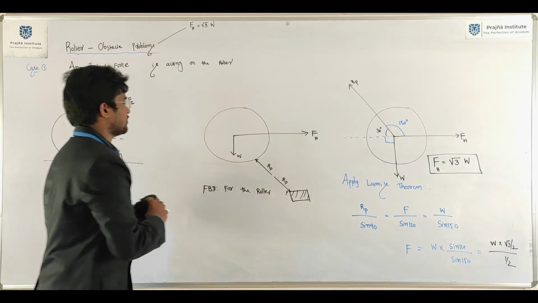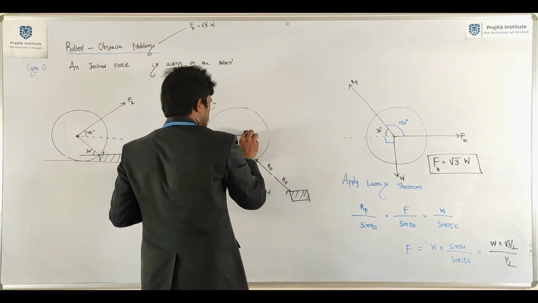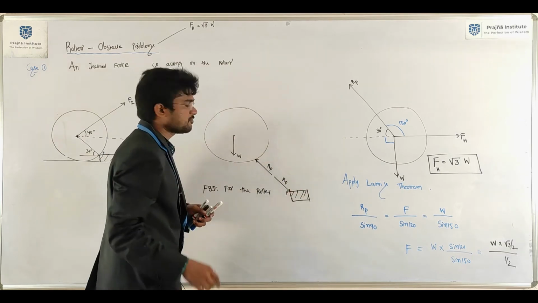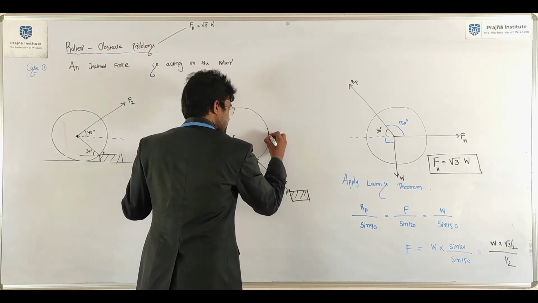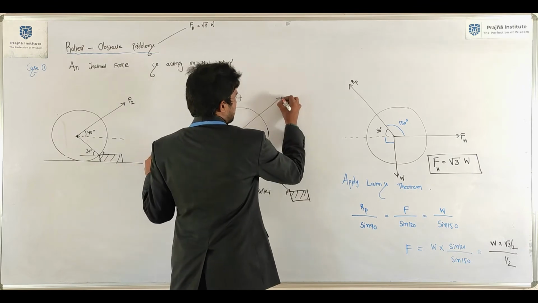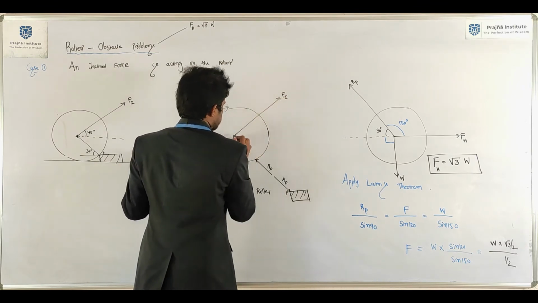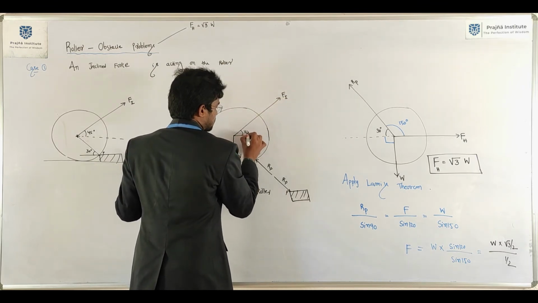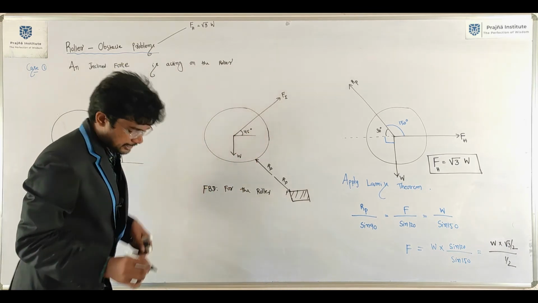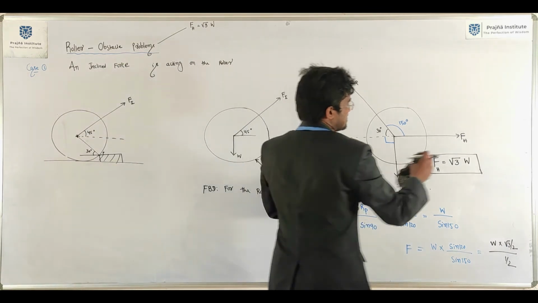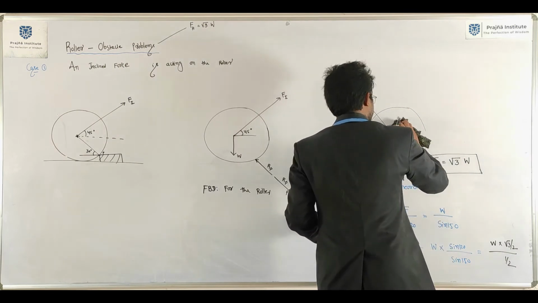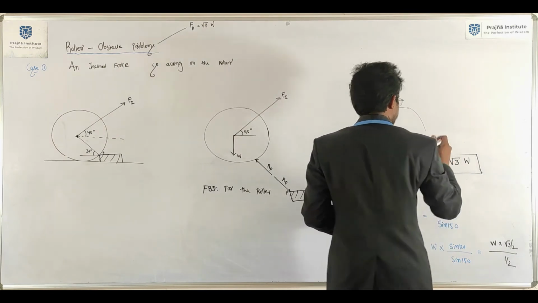Now how to draw the free body diagram? Just a small change in drawing the free body diagram. Here F inclined is making an angle 45 degrees with the horizontal. Nothing else will change here.